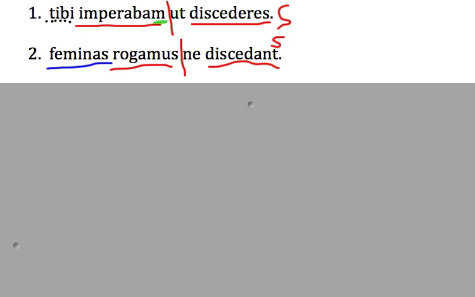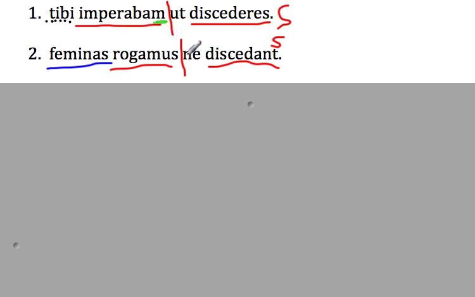So, what do we end up with? Rogamus. Think about what the subject must be. This must mean we. So we ask the women that, and this is a ne instead of an ut, so it's going to be a that not.